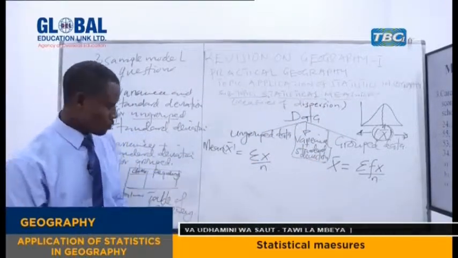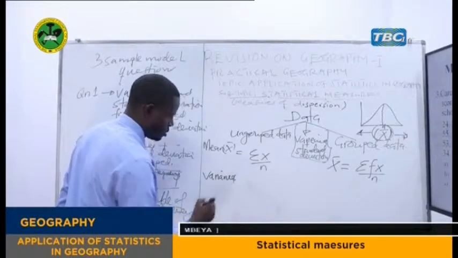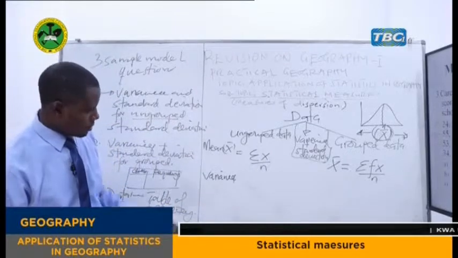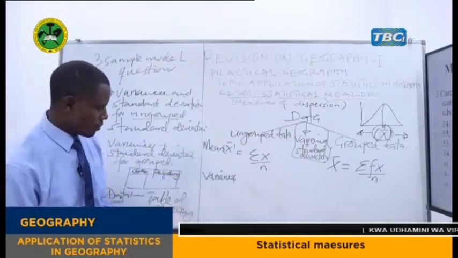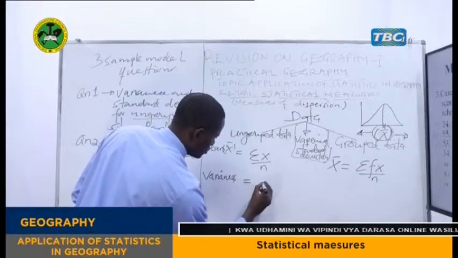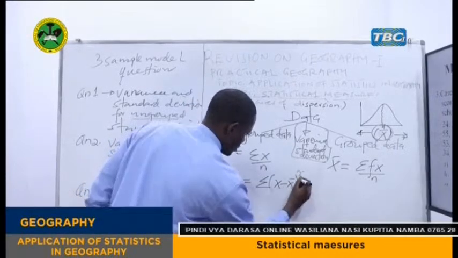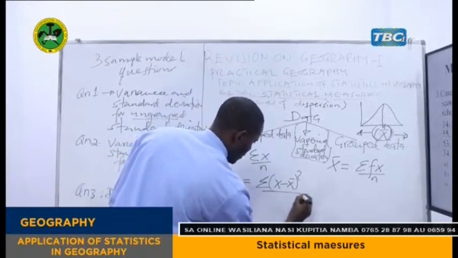Then again, because we're talking about the variance: the variance for ungrouped data is given by the summation of x minus x bar squared, divided by n.